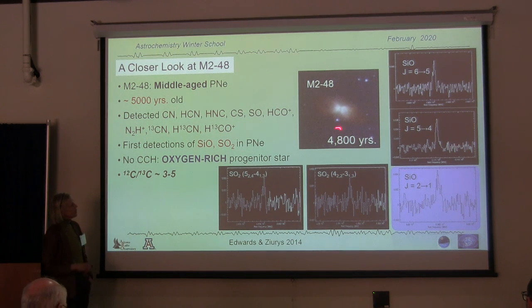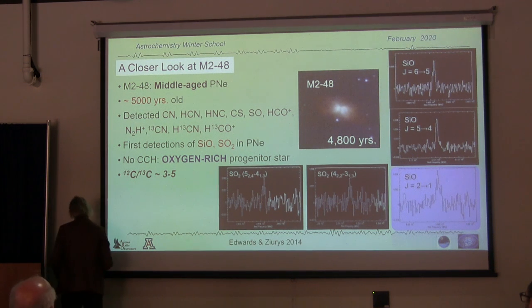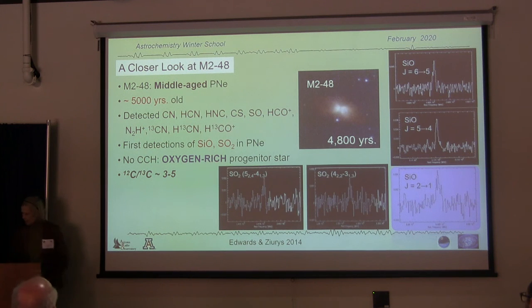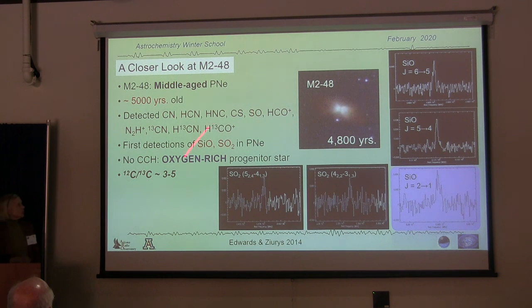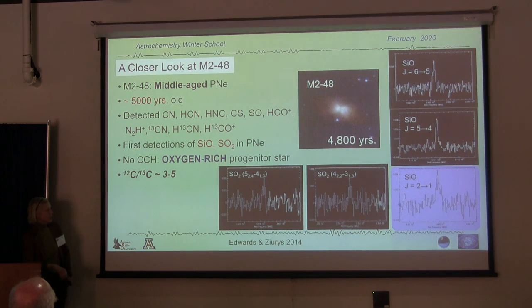And so the molecular content of this planetary nebula reflects the carbon-to-oxygen ratio of the progenitor star when it was in the AGB phase. This one was obviously oxygen-rich and stayed oxygen-rich, and we see the molecules we see in some of those oxygen-rich circumstellar envelopes that are prominent. Once again, we were able to measure the carbon-12 to carbon-13 ratio, which is about 3 to 5, also very low. But this could also have become oxygen-rich through a process called hot bottom burning, so that might explain that ratio as well.